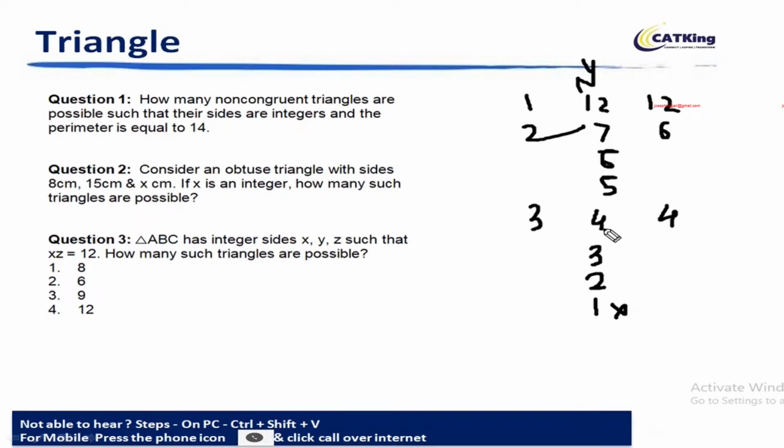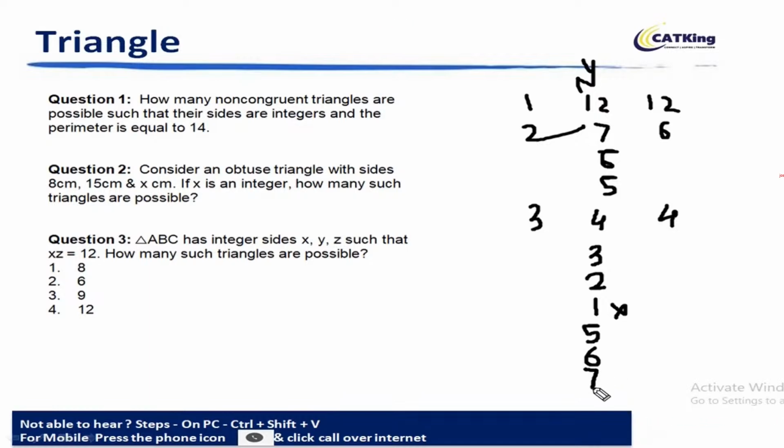Let's look at values which are more than 4. What about 5? 3 plus 5 is more than 4. 4 plus 5 is more than 3. So it is also possible. What about 6? 3 plus 6 is 9, more than 4. 4 plus 6 is 10, which is also more than 3. So 6 is also possible.